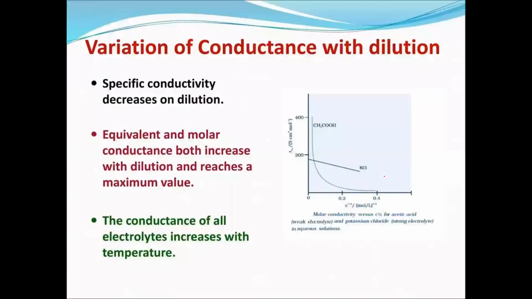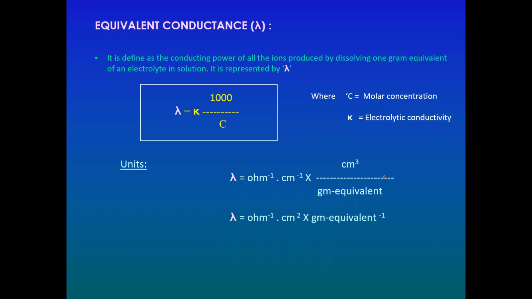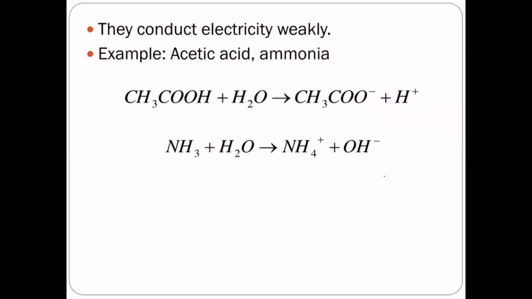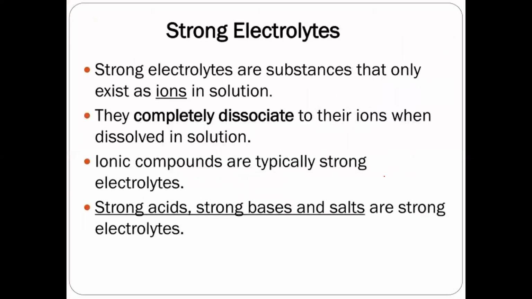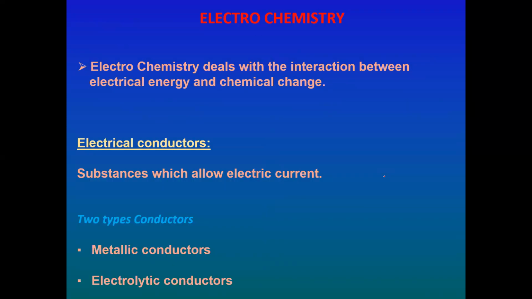Degree of dissociation and various definitions: molar conductance, equivalent conductance, specific conductance, conductance, resistance, electrolyte, different types of electrolytes, and what are conductors, different types of conductors. So this is about electrochemistry. This is one of the important chapters in physical chemistry.